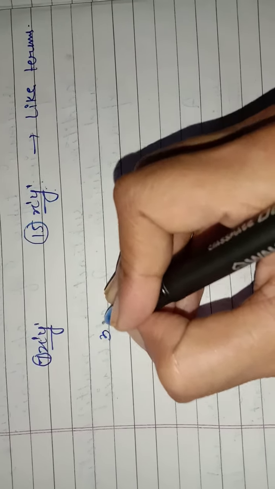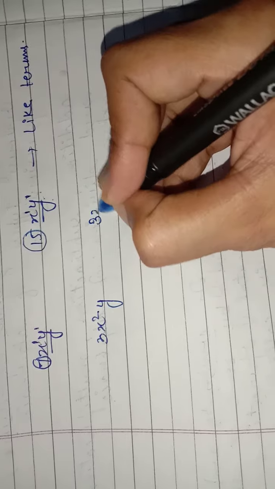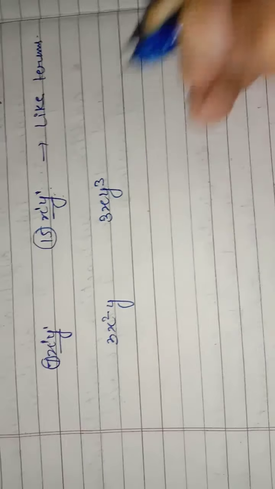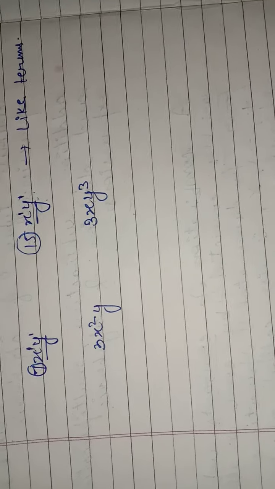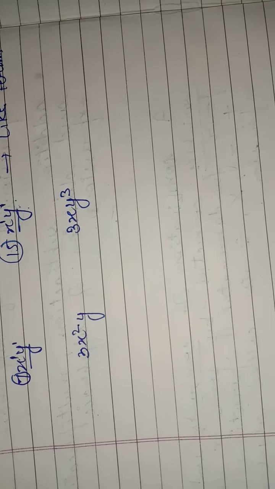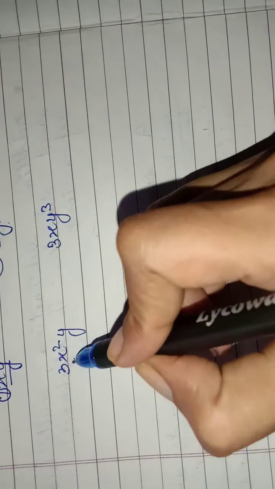Now, what about 3x²y and 3xy³? Are they like or unlike terms? Both the terms have the same variables x and y.